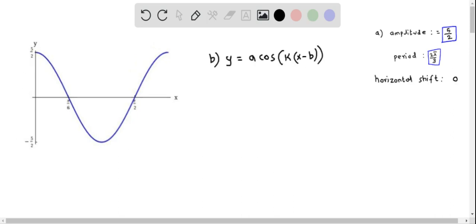Now let's write the equation of this cosine function in this form: y equals a cosine k times x minus b. We say that this a represents the amplitude of the cosine function.